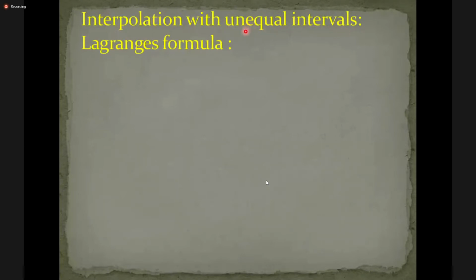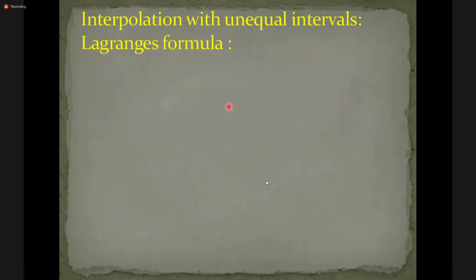This is the keyword to use Lagrange's formula. Remember, interpolation with unequal intervals. Whenever the values of xi are not equally spaced, they are unequal, generally only one method applies, that is Lagrange's interpolation formula. So with the help of Lagrange's formula, we can interpolate for unequally spaced data.